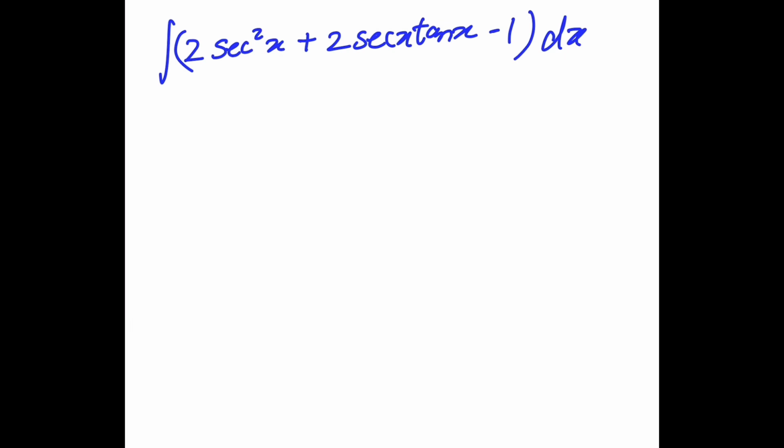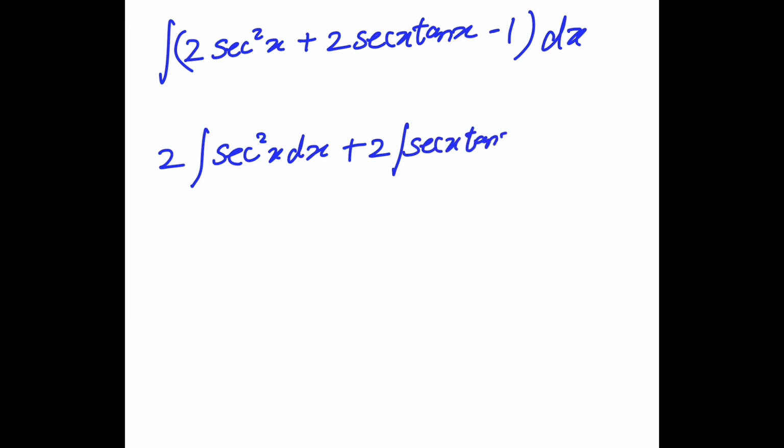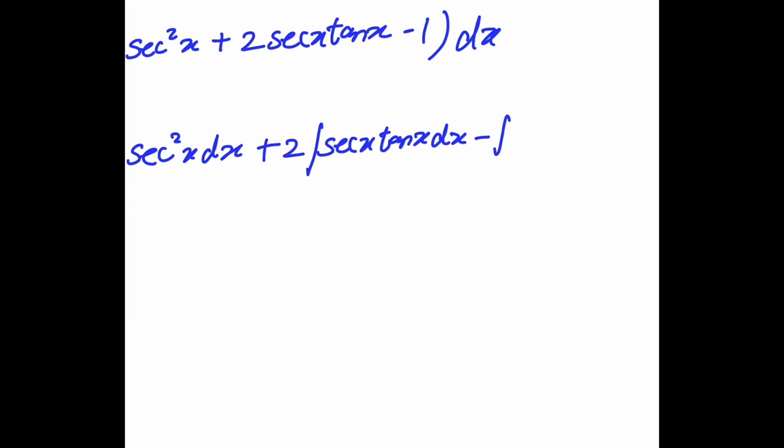Now let's integrate term by term. This is going to give us 2 integral secant squared x dx plus 2 integral secant x tan x minus integral 1 dx.